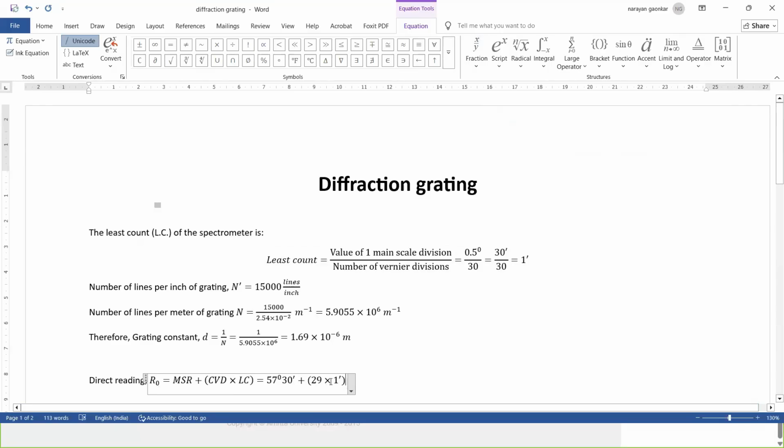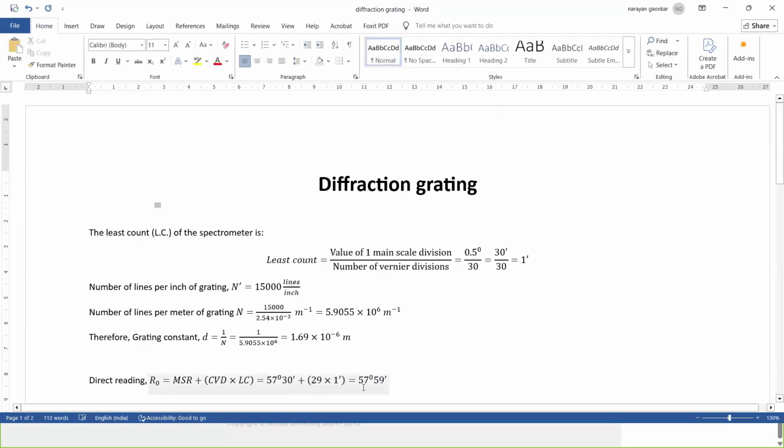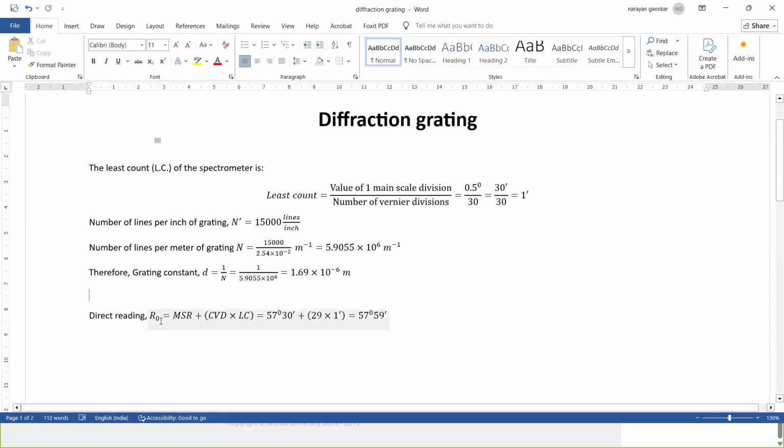Now this becomes 29 into 1 minute, that is 29 minute. So the total reading, you have to add minute to minute only. So the total reading will be 57 degree 59 minute, that is 30 minutes plus 29 minute, total 59 minute. So that is the direct reading that gives you the direction of the incident light.